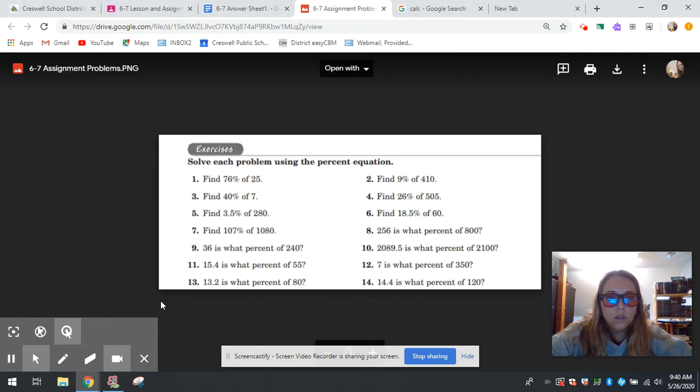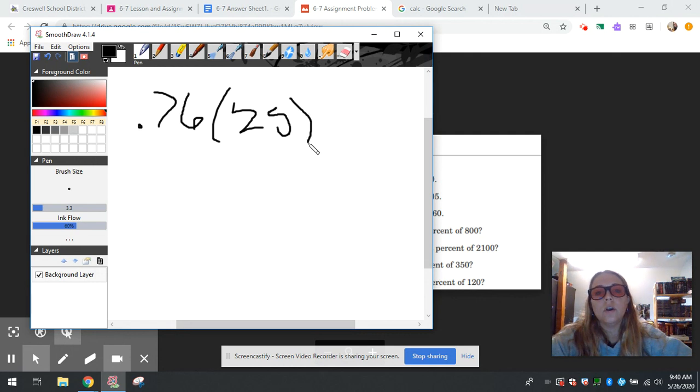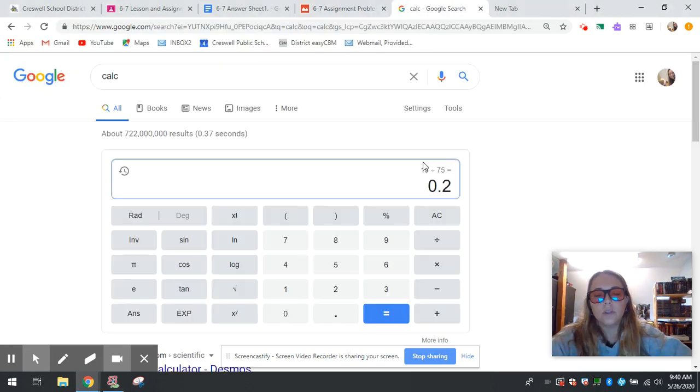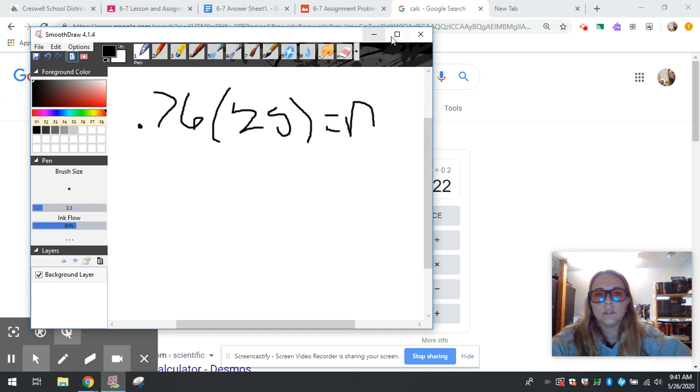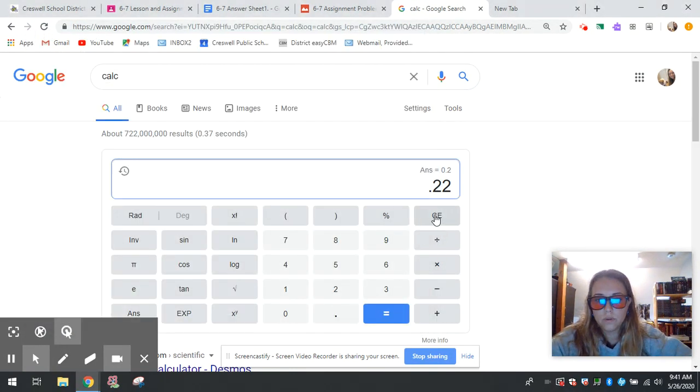0.76 times 25 will equal our number. So I'll just go to my calculator. 0.76 times 25 equals 19.